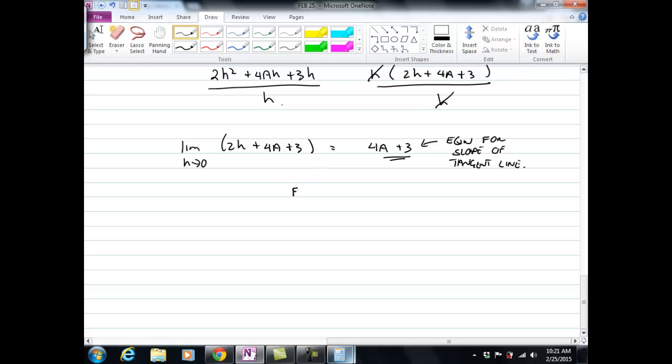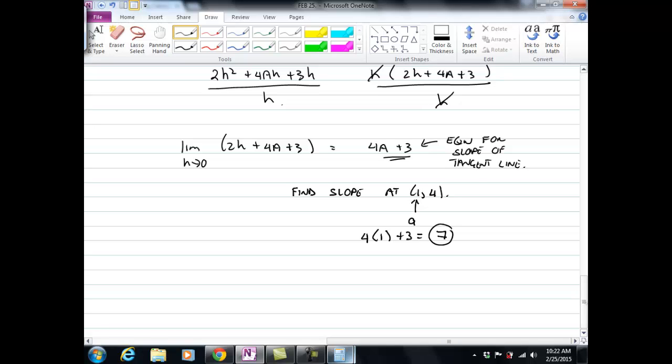Find the slope. Go ahead, plug it in and find the slope for me, please. By the way, this value a is your x term, which is x1. This is your a value right here. So if I plug it in, I go 4 times 1 plus 3. Hey, that equals 7.